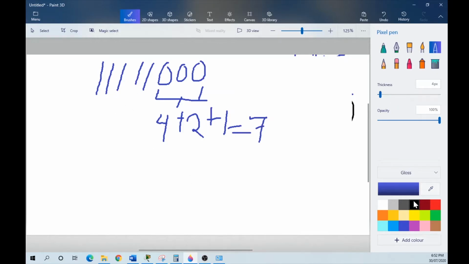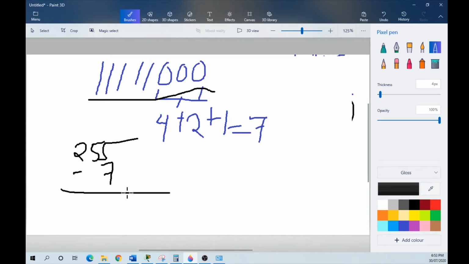So to find the value of this string, I need to take 255, if I turn on all the bits, and subtract 7 from there, which will be 248.